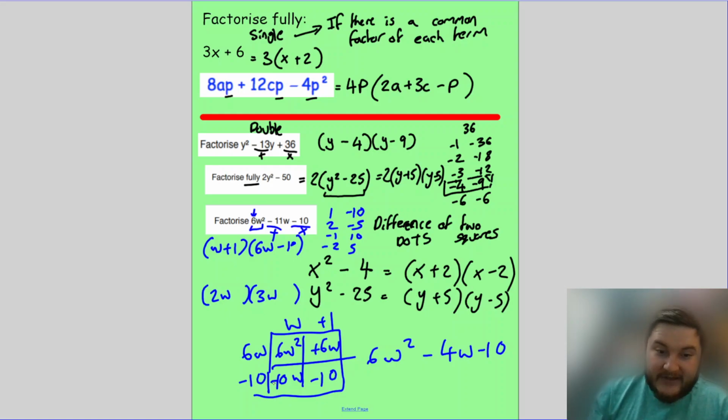Then it's going to get added to the other value when you combine these terms together to make the middle term, if that makes any sense. So you've just got to be a bit careful here, because like in this example here, when I put a plus 1, it's not going to be plus 1W, it's going to be plus 6W. And then when you combine it with this other term, it's going to give negative 4W.